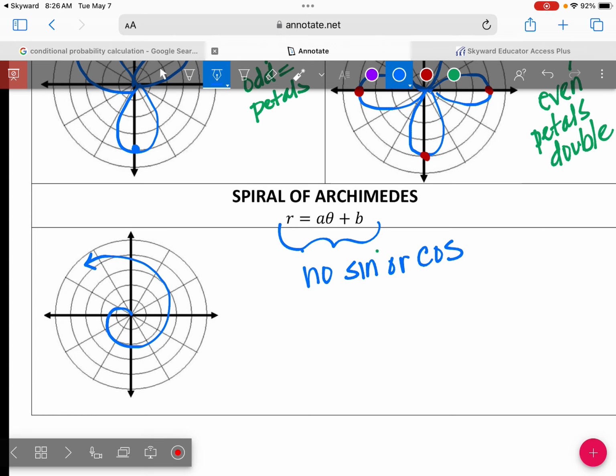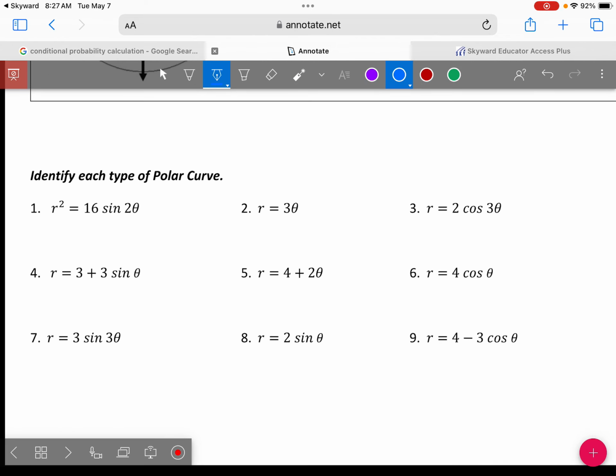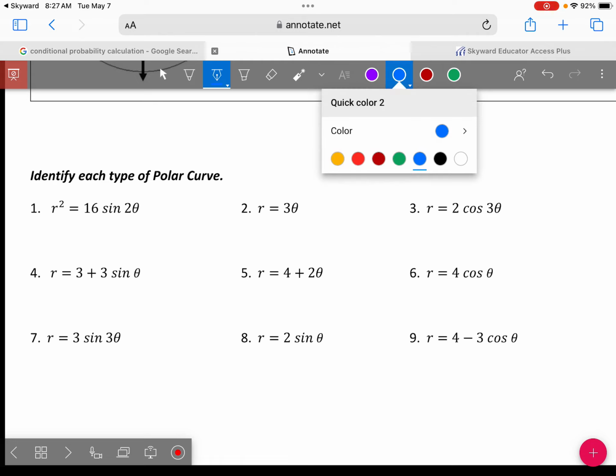Okay, guys. So on your final, this is what it's going to look like. On the final, you will be given an equation, and you're going to have to tell me what kind of graph it is. So I'm going to write our 5 different types of graphs.